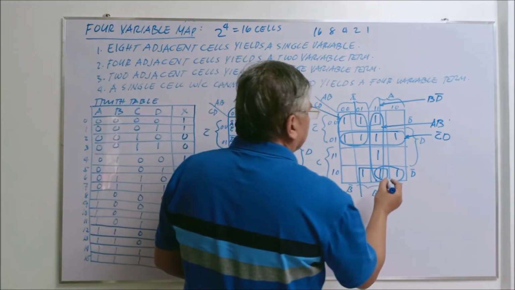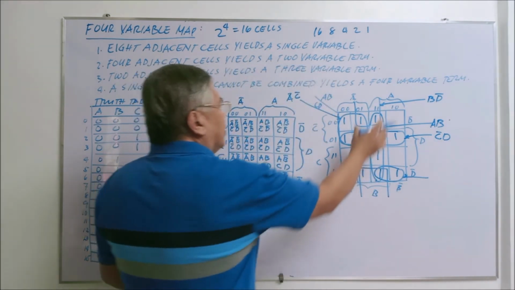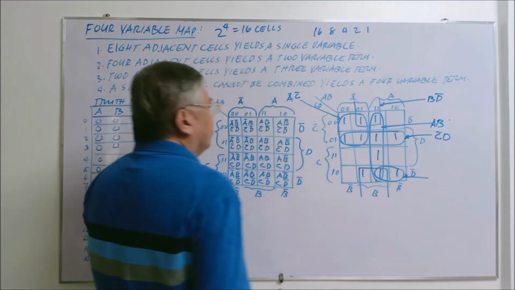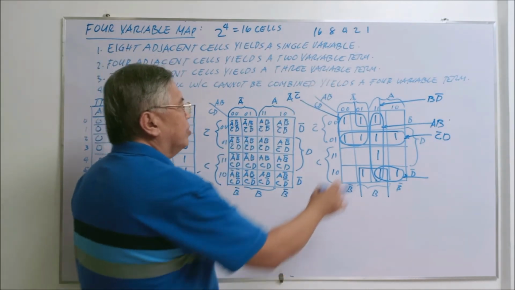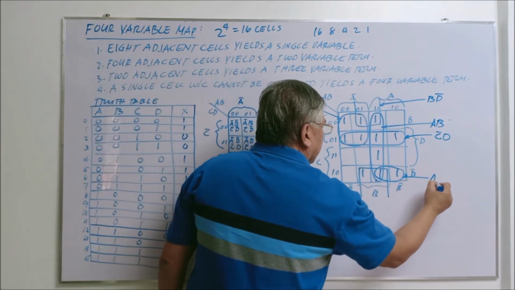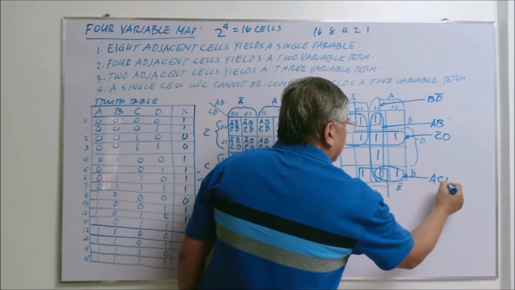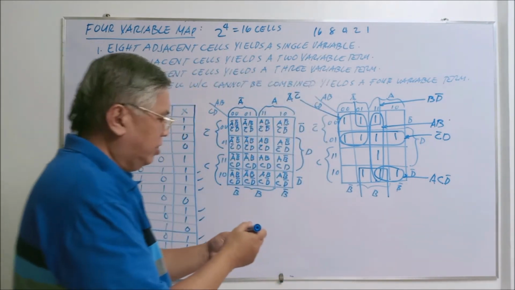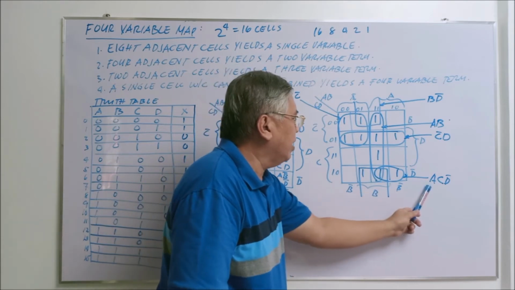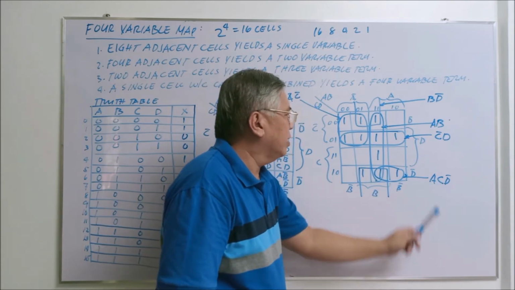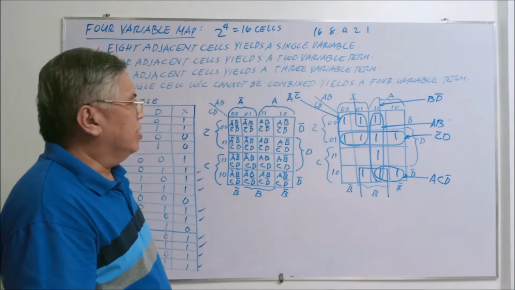And then this one here, you have 2 adjacent cells yields a 3 variable term. So you have A, C, and D bar. That is the intersection. This group is under A, C, and D bar. The intersection of this particular cell is A, C, and D bar.